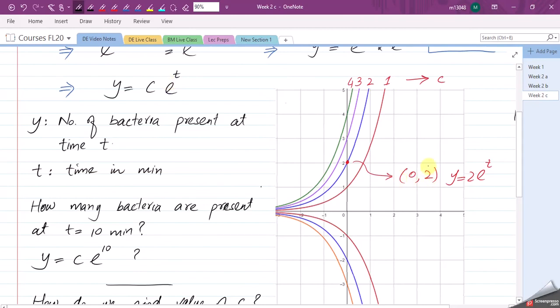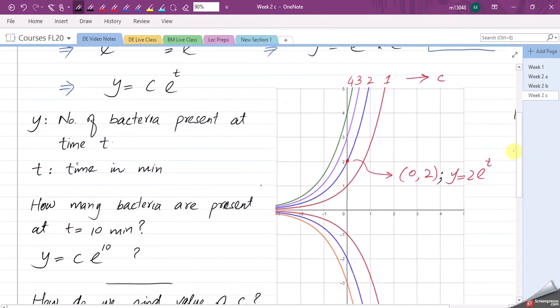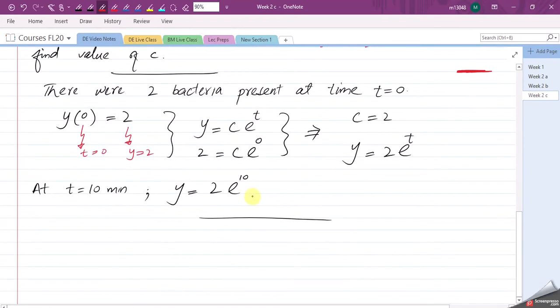But once we are given an initial condition, we get one of those infinitely many curves. It could have been the one from the negative side. That depends. In our example here, maybe not, but in some other example, maybe yes. So for this initial condition, which I have written here as a point, or we write it as y of 0 equals 2, this is the curve the initial condition chose for us. And we used it to answer this question.